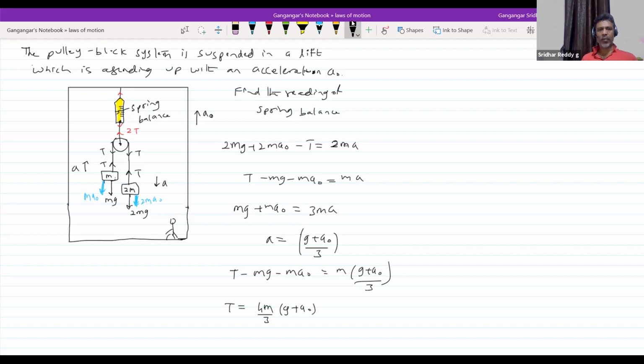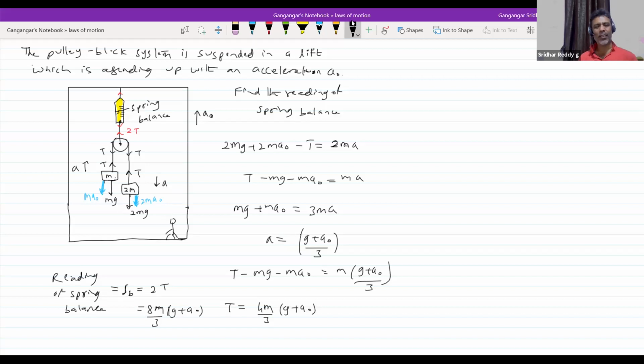So what will be the reading of the spring balance? Reading of spring balance should be equal to 2T, no? So this will become 8m by 3 (g plus a naught).